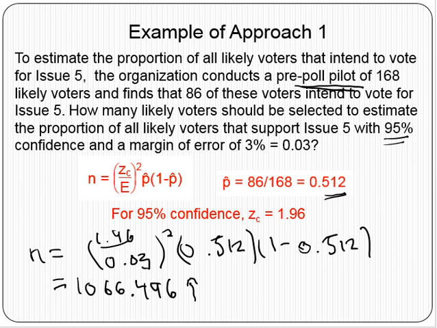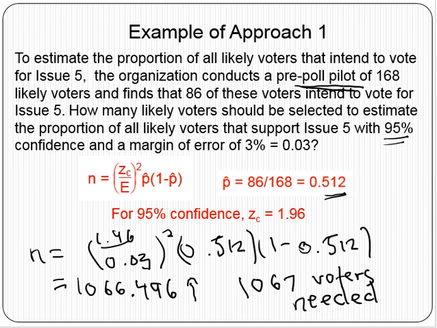So if we want to estimate the proportion of likely voters with a margin of error of 3%, always round up, we would select 1,067 likely voters in our sample, and that would give us a margin of error of 3%.